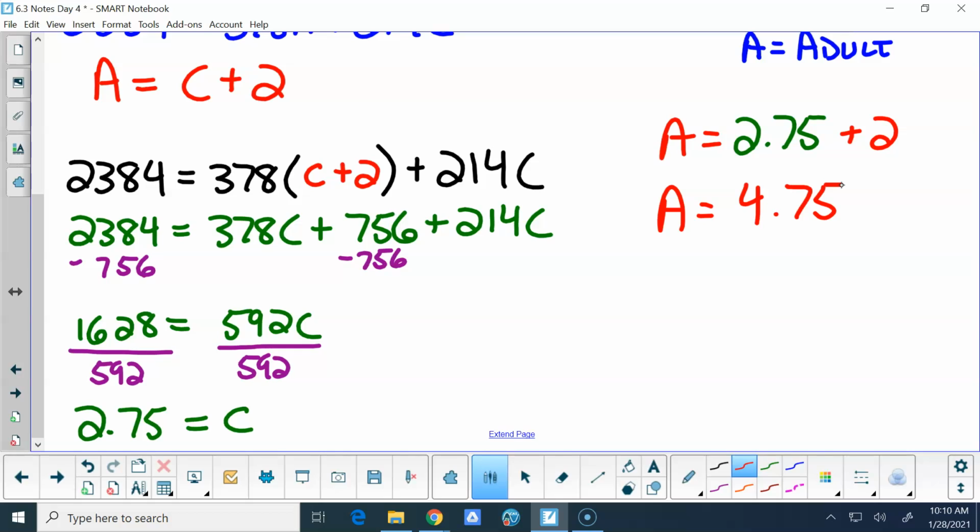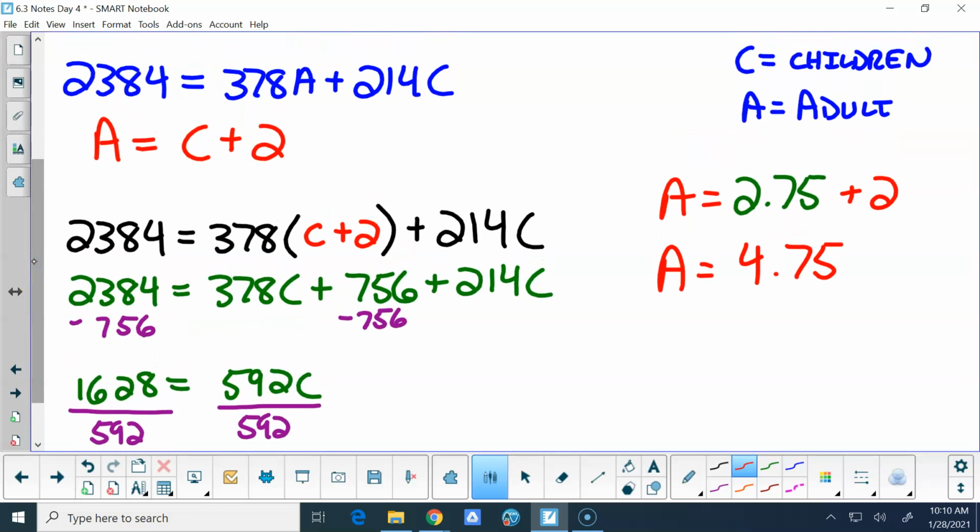First check: is the adult pass $2 more than the children's pass? Yes, it works out. Second check: now we need to do 378 times 4.75, going to probably need a calculator for that one, and we have to do 214 times 2.75.